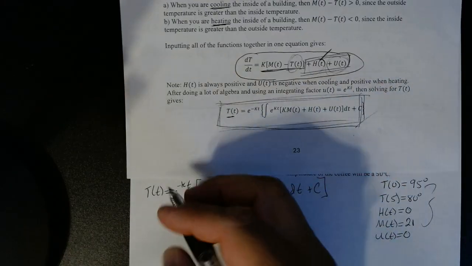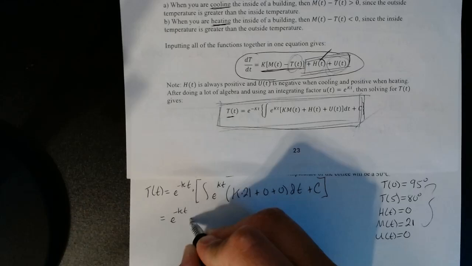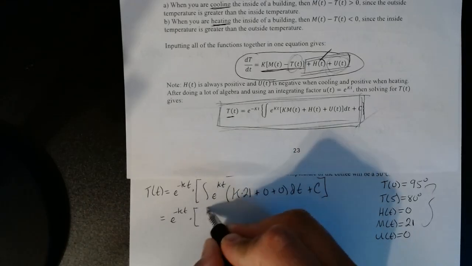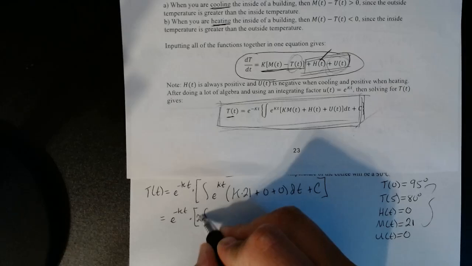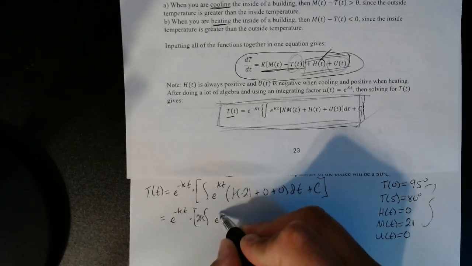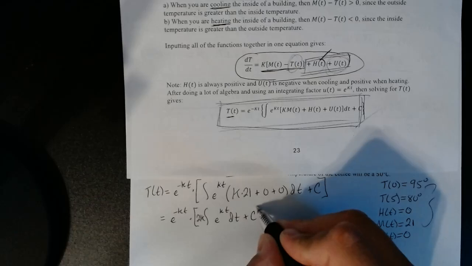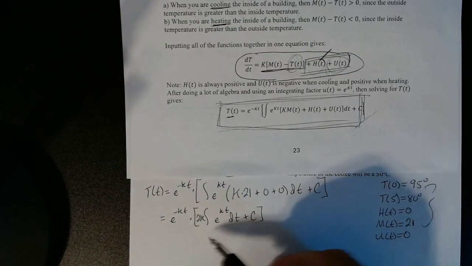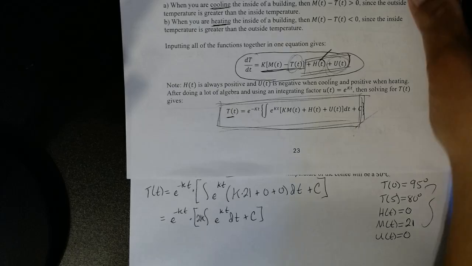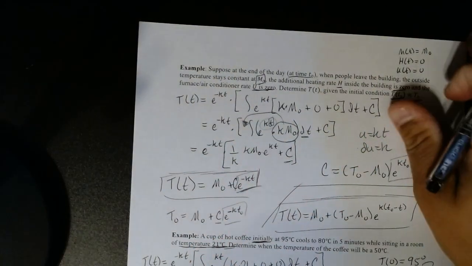Okay, so again, simplifying this a little bit. This is just a constant, so I'll just leave it out here. 21k e to the tk dt plus c. Which, if you notice, is the same situation we had above. Again, just another simple u substitution.